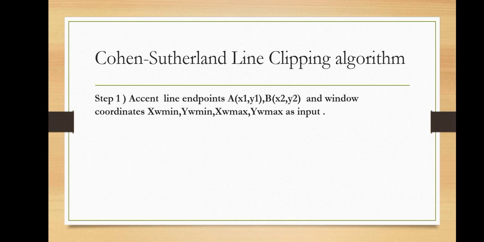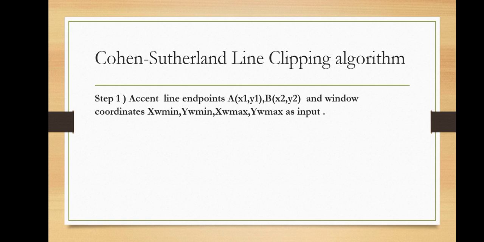The first step is you have to accept the line endpoints A (x1, y1) and B (x2, y2), and the window coordinates xw minimum, yw minimum, xw max and yw max as input.